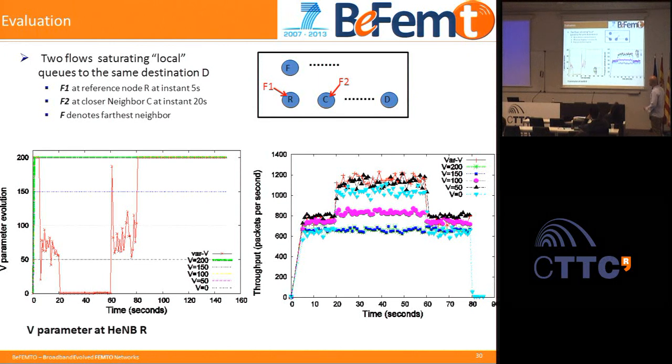Then it goes into a variable state, which depends on the distribution of traffic coming around this region, until we get to instant 20, in which another flow is injected into the network. What happens here is that the reference node says, okay, I cannot handle this offered load anymore, and I'm going to configure myself in maximum load balancing. So V equals 0.